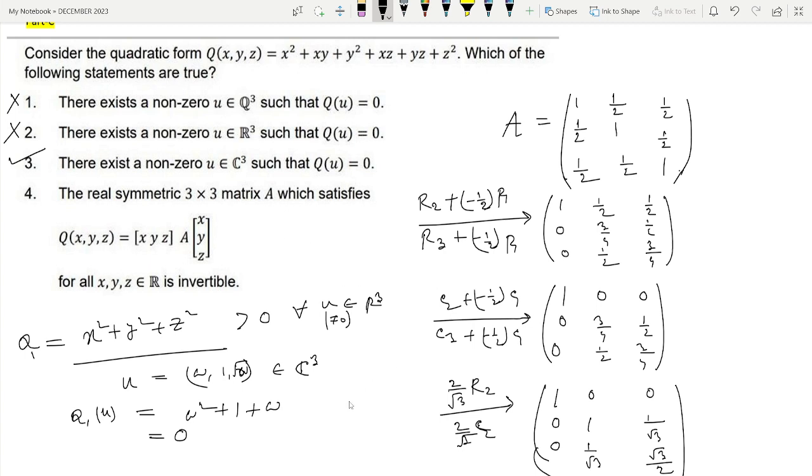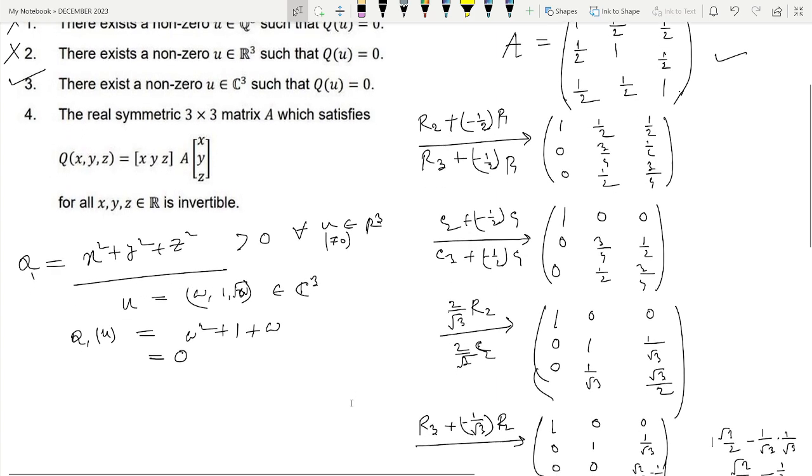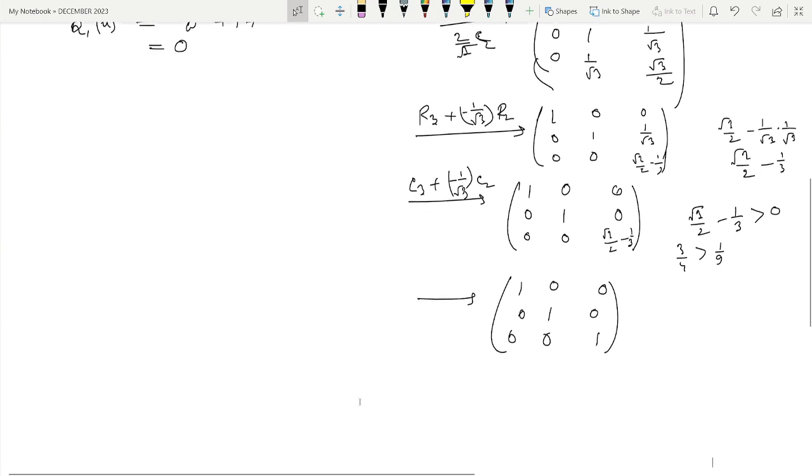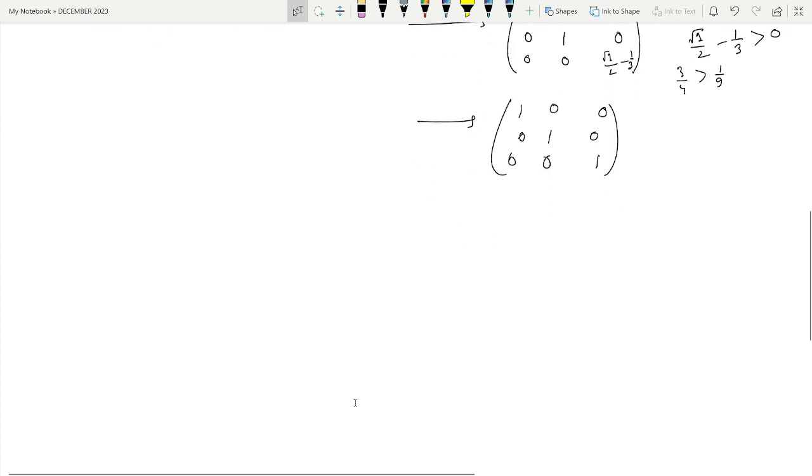And look at option 4. The real symmetric matrix A which satisfies this is invertible. So this is that matrix A, and that is congruent to this matrix, that is congruent to this, with 1 1 1 in diagonal position.